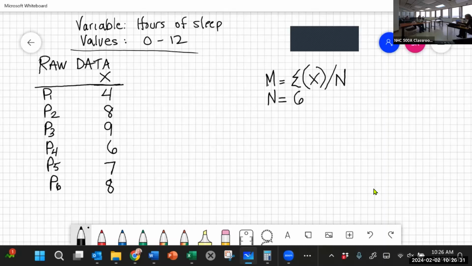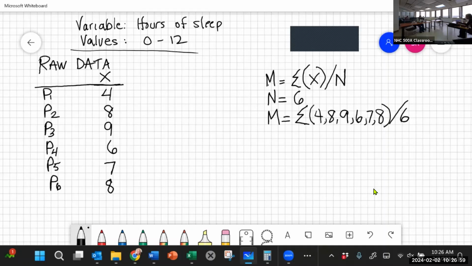So if we go ahead and calculate the mean, mean equals the sum of 4, 8, 9, 6, 7, 8 divided by 6. When I write that sum sign, we know we're adding, so we just put commas in between the numbers.